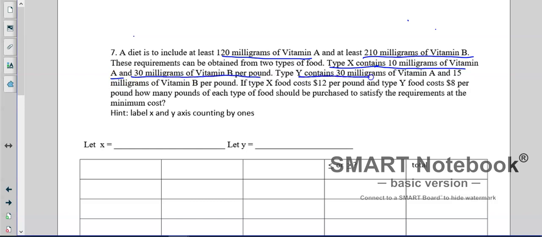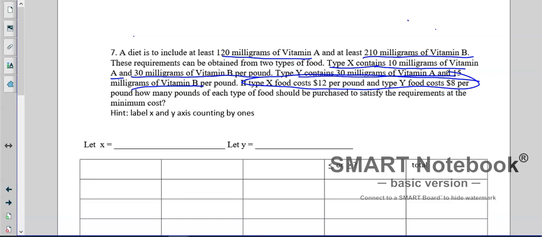Type Y contains 30 of A and 15 of B per pound. If X costs $12 per pound and Y costs $8 per pound, that's going to be my objective function right there. How many pounds of each type should be purchased for the minimum cost?